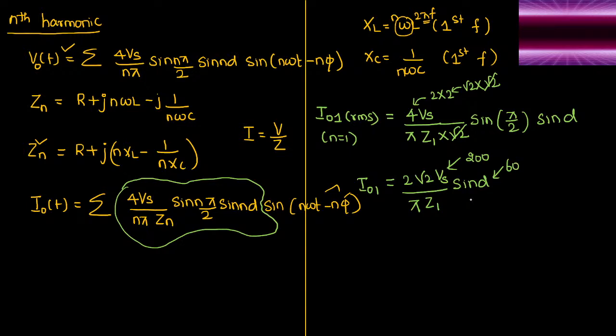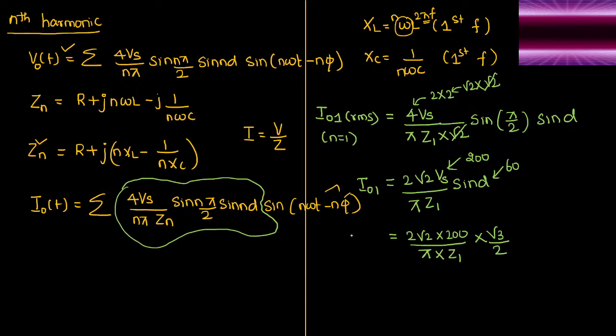We all know what is the value of sine 60? Root 3 by 2. So let us substitute all the values here: 2 into root 2 into 200 upon pi into, wait, Z1 also we will substitute now, into sine 60, that is root 3 by 2. Everything is fine now.